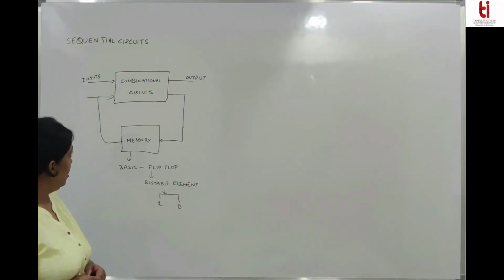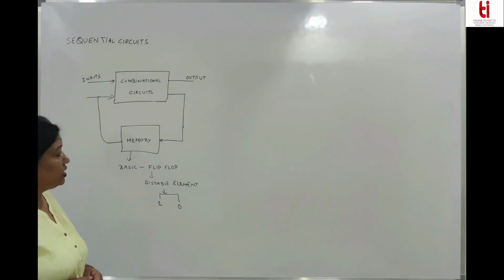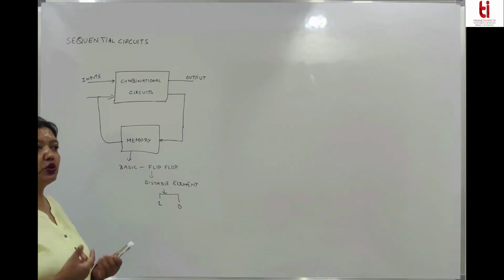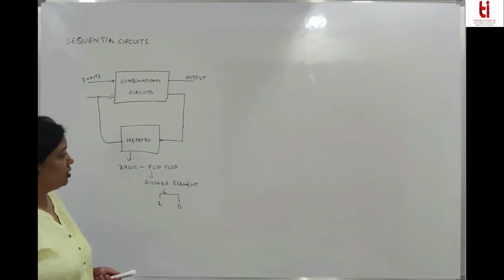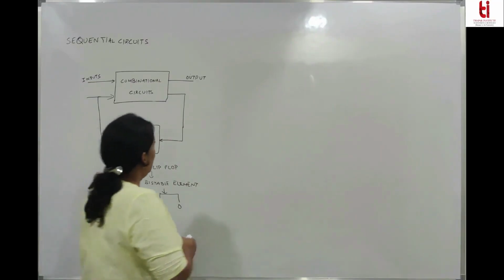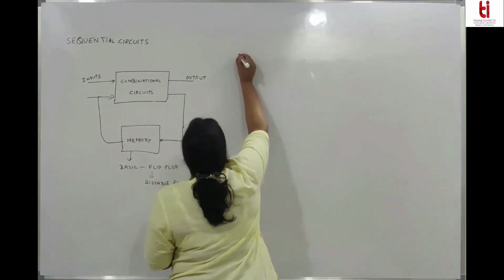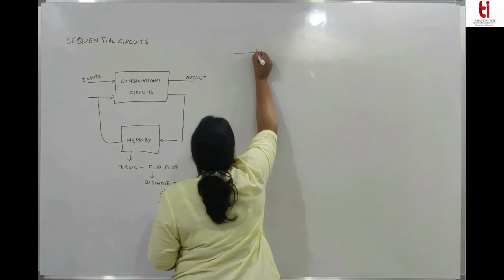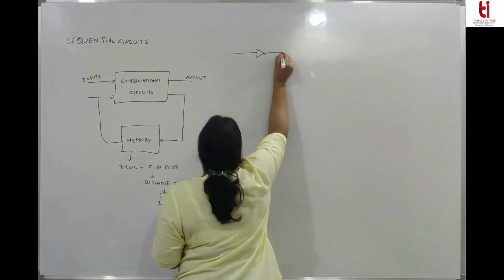So we'll talk about this basic flip-flop, which is a memory element that stores the data. Since it's a binary system, it stores 1 or it stores 0. So the basic memory element we start with is, suppose we have this. It's a bistable element.